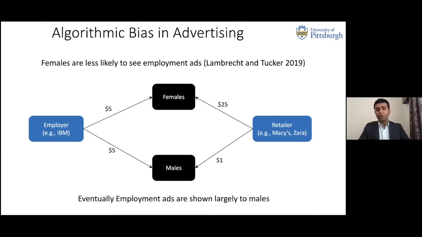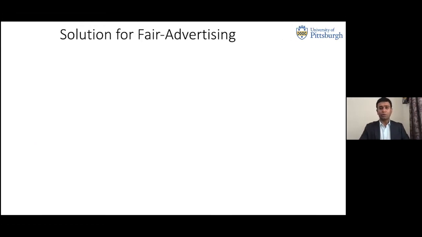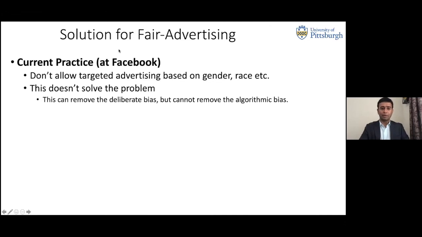So we wanted to analyze how we can fix this kind of problem in ad auctions, because most of the impressions are sold on ad auctions these days. On Facebook, Facebook is actually addressing this kind of issue, but they are slightly deviating from what actually should happen.